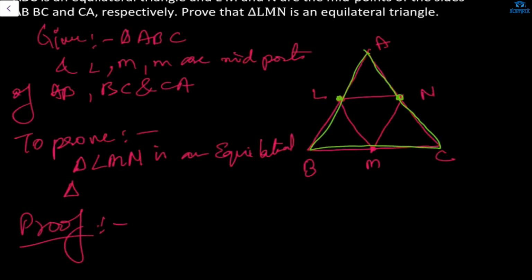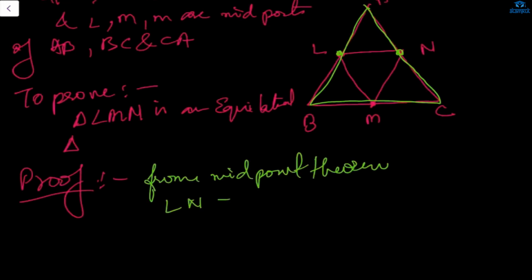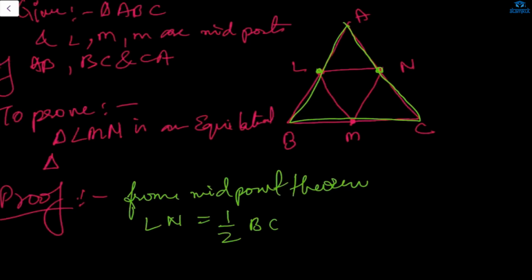Yes or no? Yes, ma'am. If a line segment joins the 2 midpoints of 2 sides of a triangle, then it will be parallel to the third side and half of the third side. That means from the midpoint theorem, LN is equal to half of BC. Any doubt here? No? Now you take the triangle BAC.